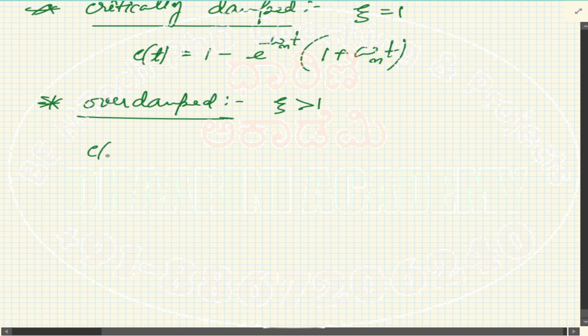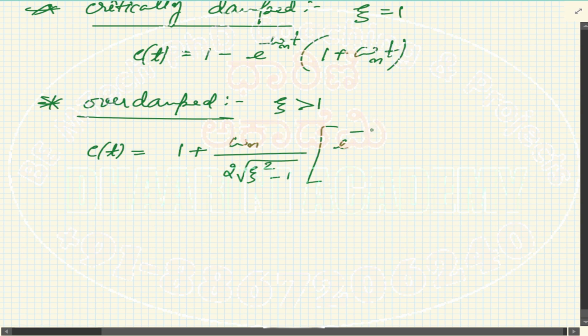So here the c of t is equal to 1 plus omega n whole divided by 2 times root of zeta square minus 1 into, there will be some constants coming up depending upon the roots of the equation.